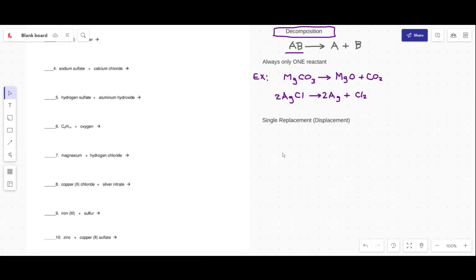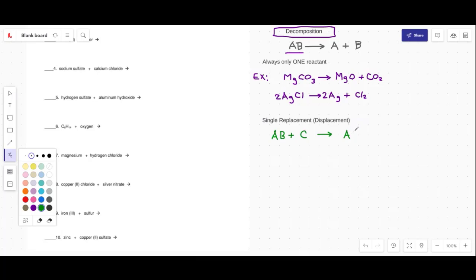A single replacement or single displacement reaction is basically what happens when you have a compound reacting with an element, and the element will switch places with one of the elements in the compound to give a new compound.